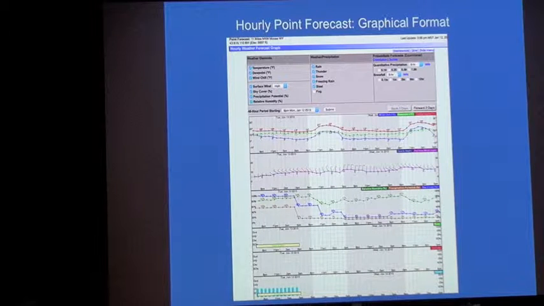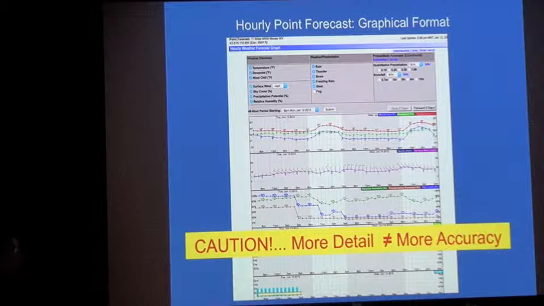If you look at this one, this is up near 10,000 feet. And hour by hour, it's showing you what the temperatures are going to do, what the wind's going to do, what the cloud cover is going to do, how much snow we're going to get. Hour by hour by hour. Very, very detailed. But I'll caution you that more detail does not equal more accuracy. Don't get hung up on it. Again, it's just guidance. It's not gospel. Okay?